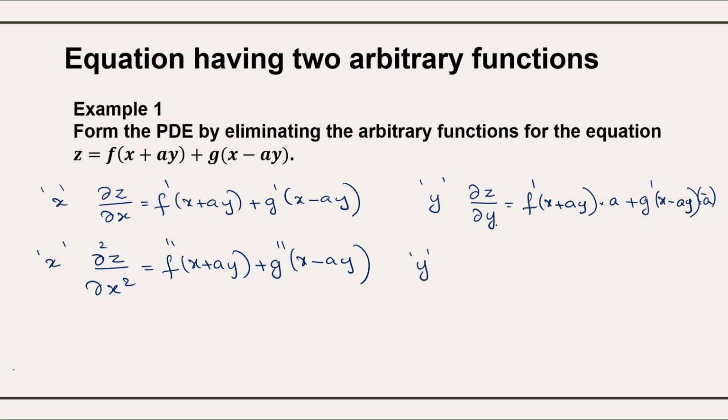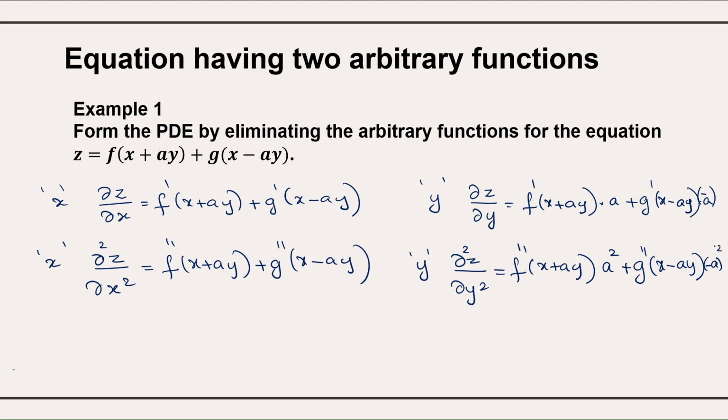Similarly, this equation we can again differentiate partially with respect to y. This gives you dou square z by dou y square is equal to f double dash of (x plus ay) into one more a, so that becomes a square, plus g double dash of (x minus ay) into minus a whole square.